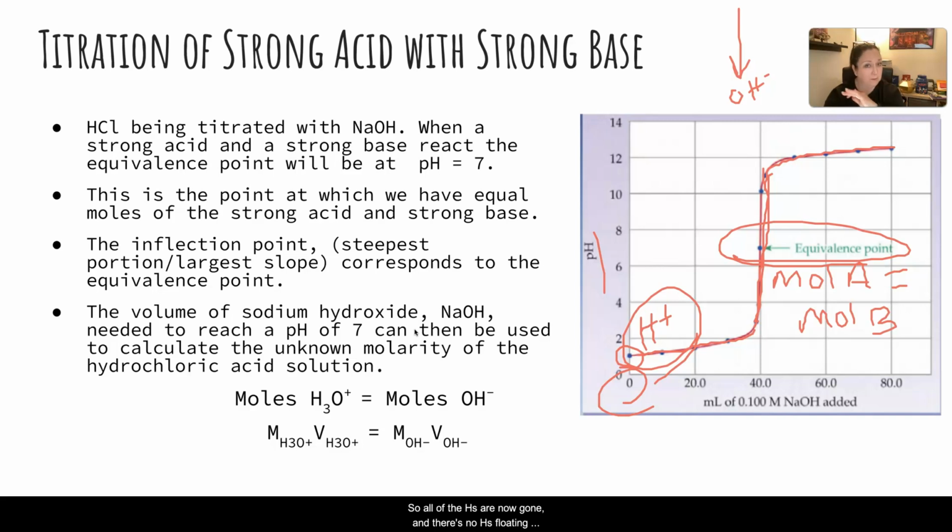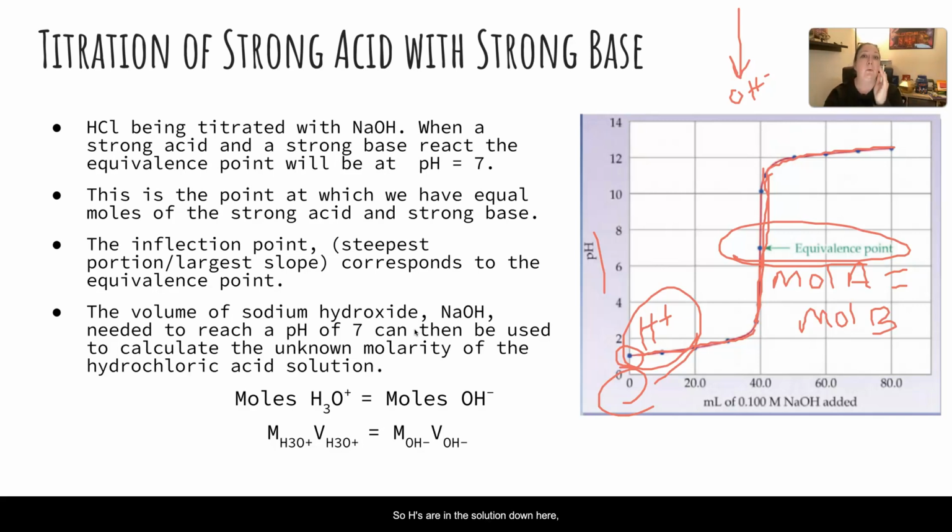So all of the H pluses are now gone, and there's no H pluses floating around in that solution, and there shouldn't be any OH minuses floating around in that solution either. If you added one more drop of the OH minus, then you are now above the equivalence point.